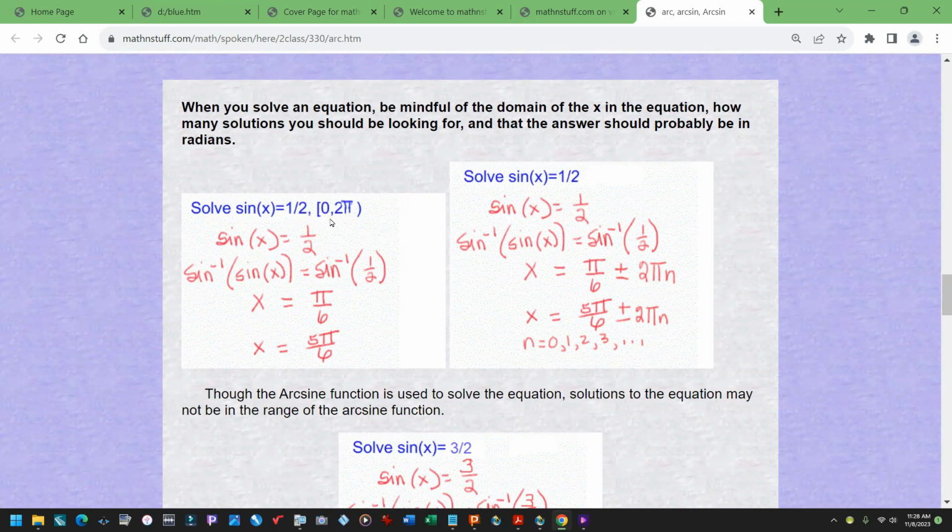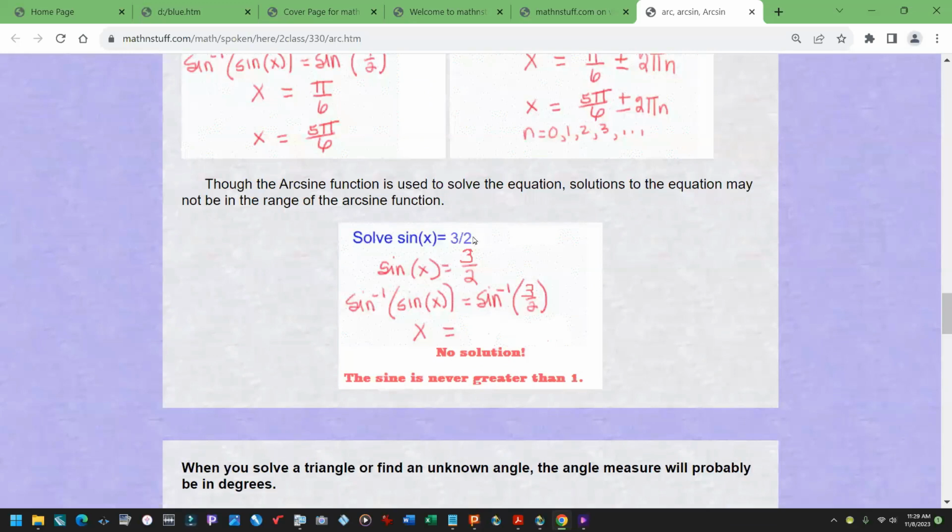If you're going to solve and you only want answers in one revolution, they should happen in two places, in the first quadrant and the second. If you want answers all over the place, all possible answers, then you want to go every 2 pi and get all the answers.